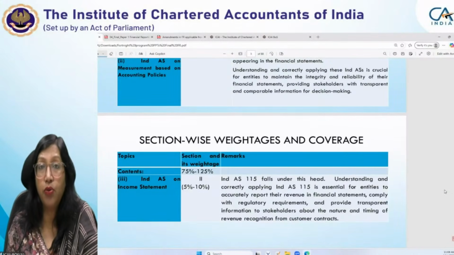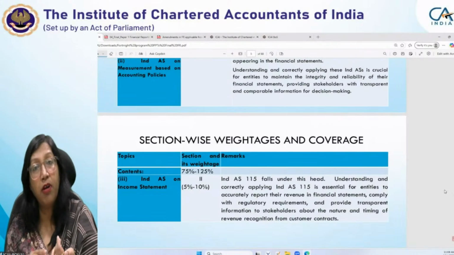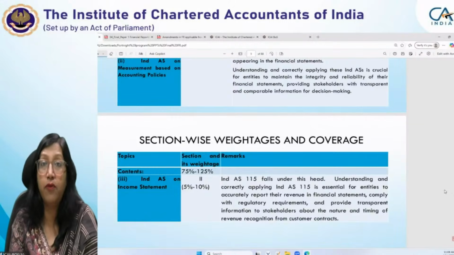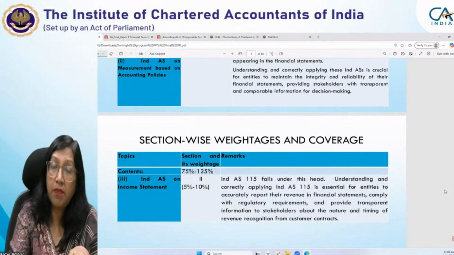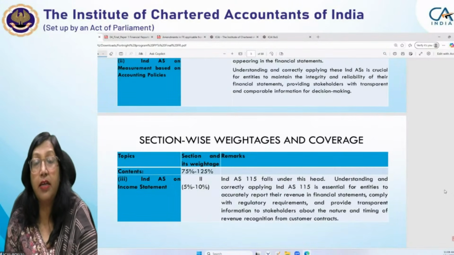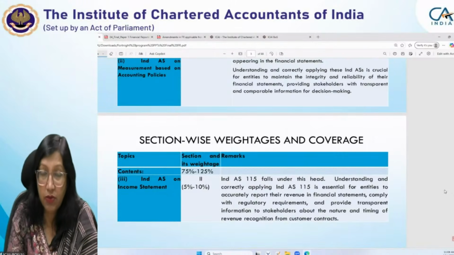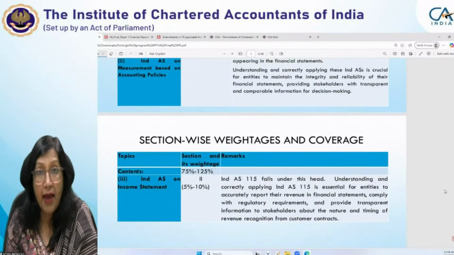Do not ignore that, because in chapter 1 also we have mentioned that for preparing financial statements based on Indian accounting standards, you have to follow Division 2 formats. Formats are not described in Ind AS, but they are provided in the Companies Act, and the Companies Act and Indian accounting standards go hand in hand, because Indian accounting standards have been notified under the Companies Act 2013. So you have to follow the format.